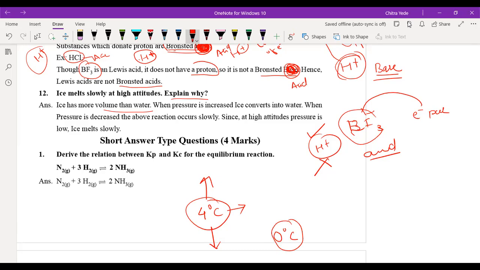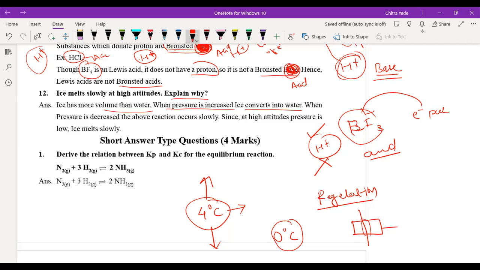Yes. So when pressure is increased, it converts into water. You know the regelation process, regelation. What is regelation? Regelation is the process in which, suppose this is an ice cube, when you apply pressure with the help of a string or any other object, due to pressure the surface of the ice will melt.